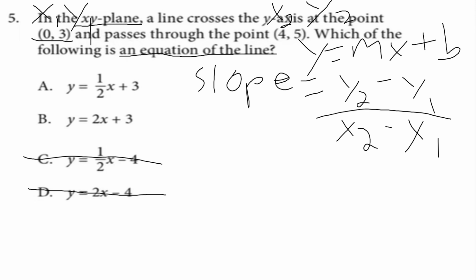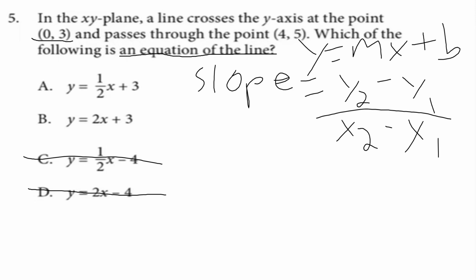So now we can plug those numbers into that equation, and I'm going to use a different color. Again, y2 minus y1 over x2 minus x1, and that's what the slope is. I probably should write this in different colors because I think it'll be helpful for you when we put the numbers in.